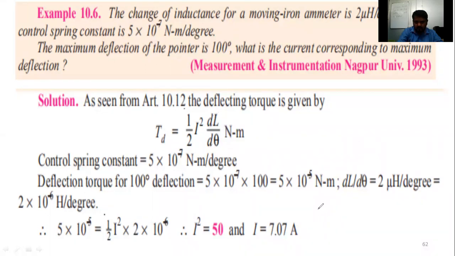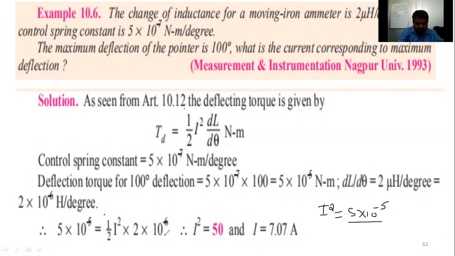Still you have a doubt? Okay. I will write I² equals 5 × 10^-5.